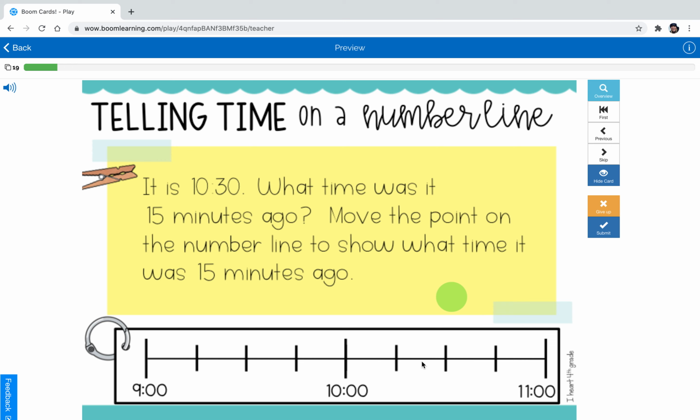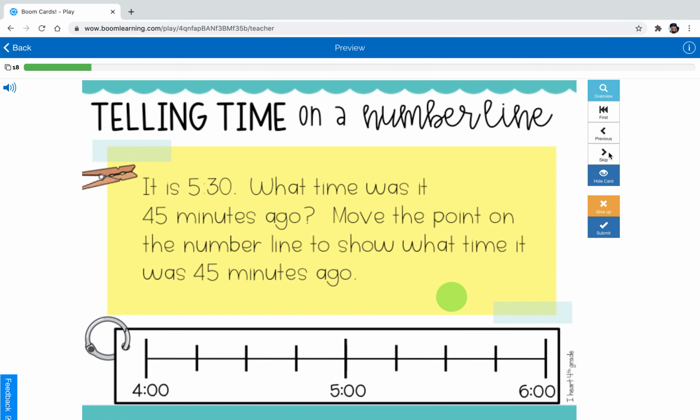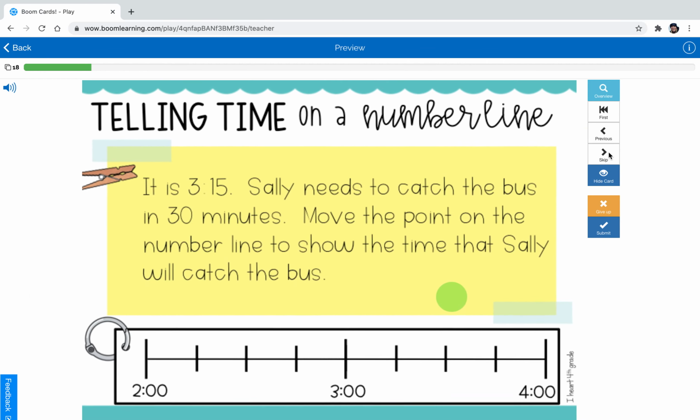So move the point on the number line to show what time it was 15 minutes ago. So I started here, and now I'm going to skip count by 15 backwards. 15. Ooh, that was easy. I only had to skip count one time. Let's see if I got that one correct. I did.